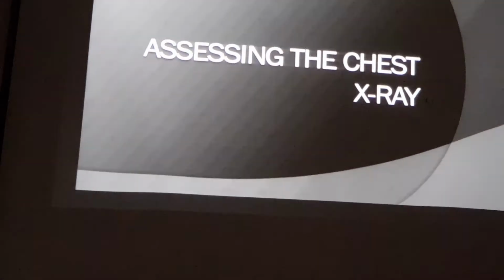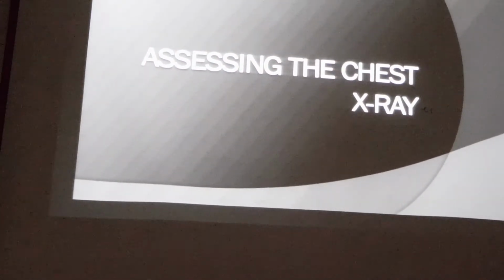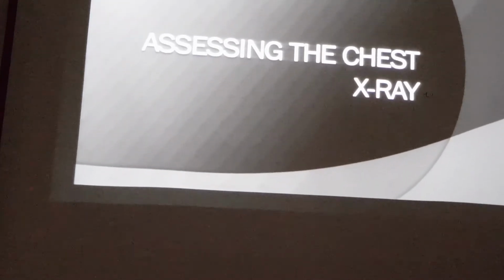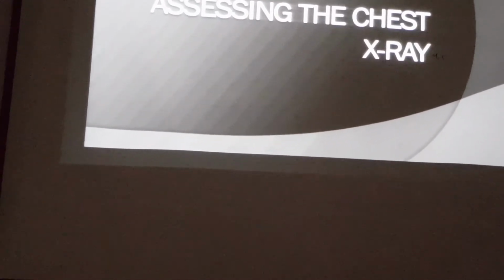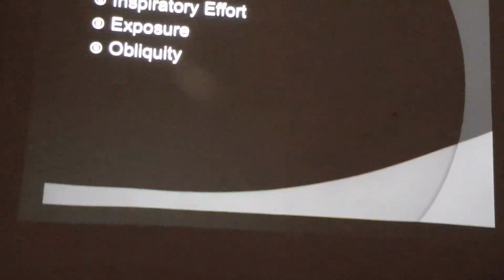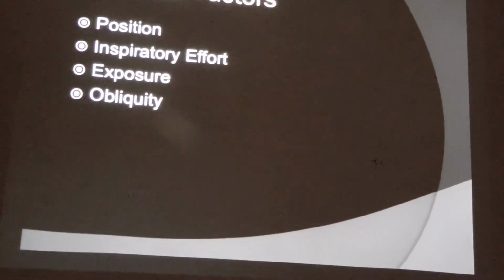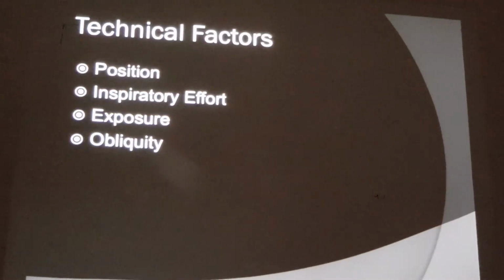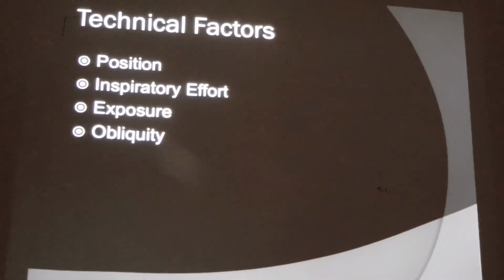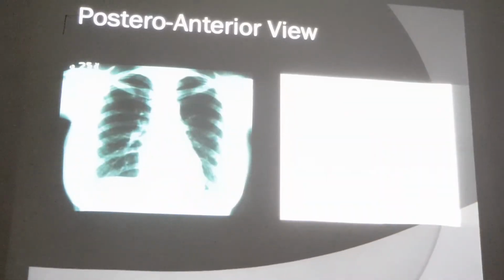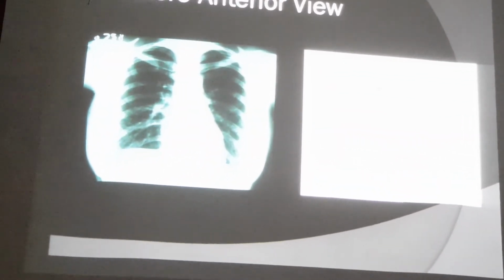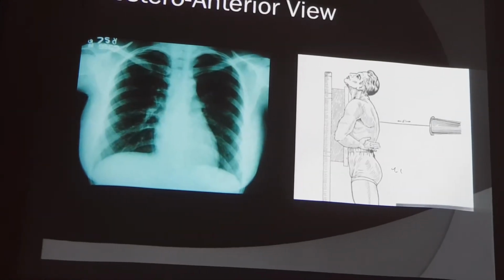Okay, so how do we look at the chest X-ray? Before you read the chest X-ray, you look at the technical factors first, whether the X-ray is good. So you look at position. By position, how was the X-ray taken? Inspiratory effort, exposure, and obliquity, I'll be talking about that later. Most commonly, what we have is the posterior anterior view.